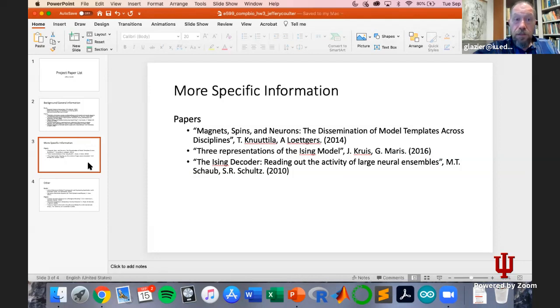If you're interested in the relationship between the Ising model and neural networks, Javier, a postdoc in my group, has a background in solid state physics, and he's done a lot of work on magnetic systems, including the Ising model. He's working now on neural networks, not biological type neural networks, but rather computational deep learning type neural networks.